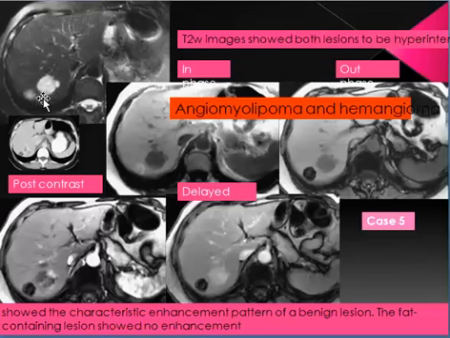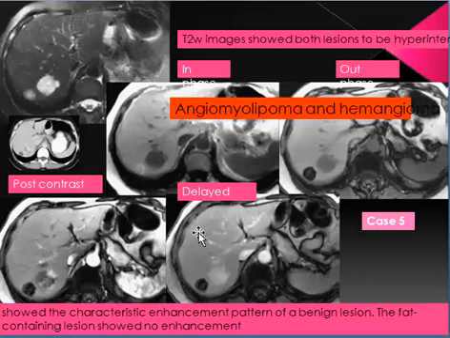More in phase and out phase. One of them is intermediate and one of them is hypointense in out phase, denoting fat content, but still there is something vascular inside, some soft tissue inside. It's not homogeneous.